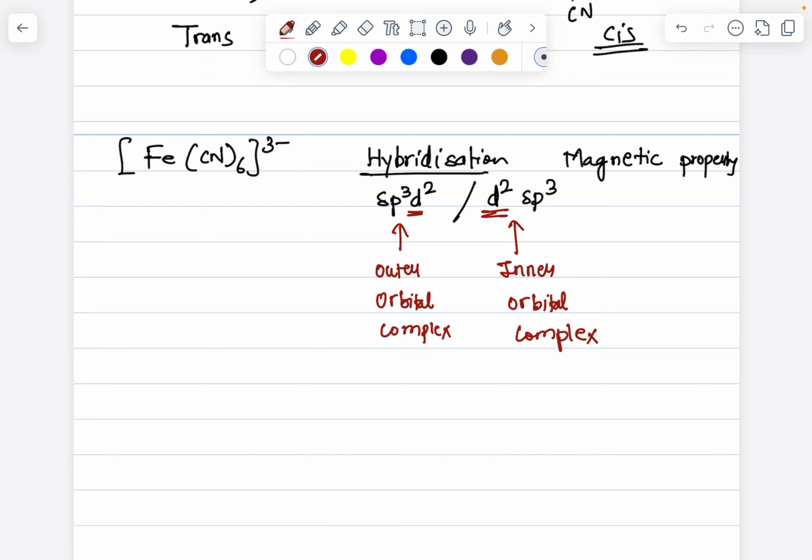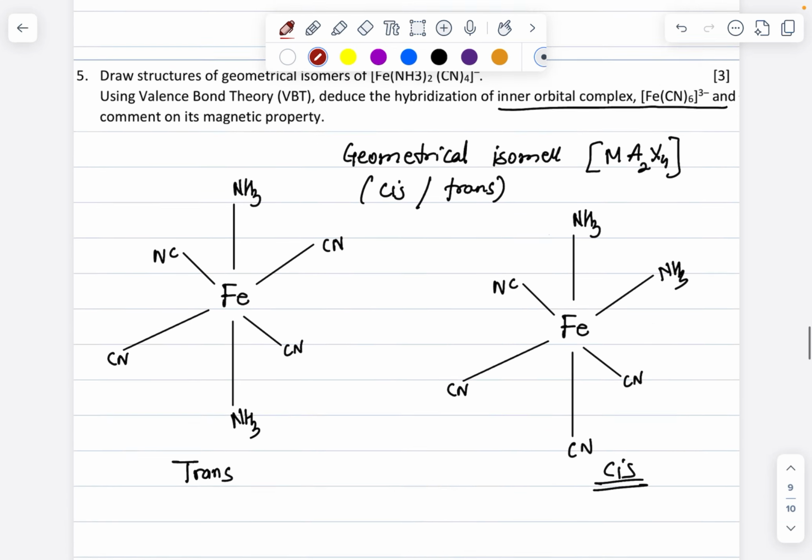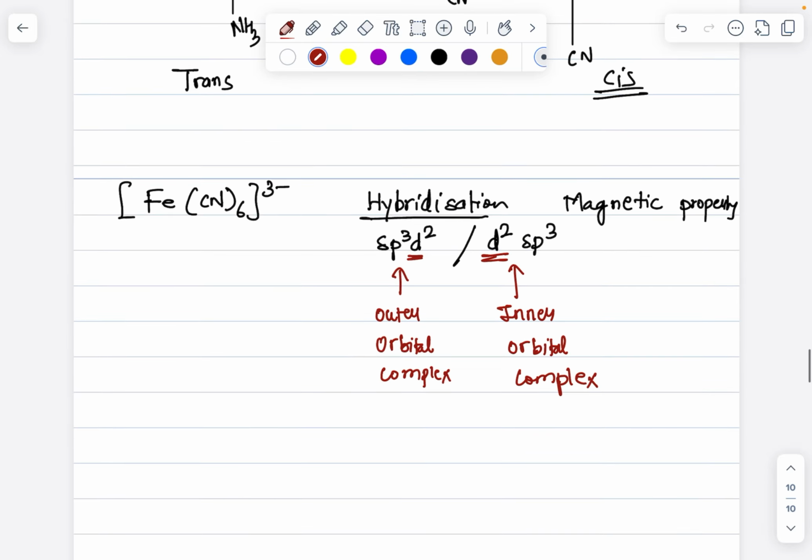They have mentioned that it is an inner orbital complex, so the hybridization should be d2sp3. We'll figure it out.